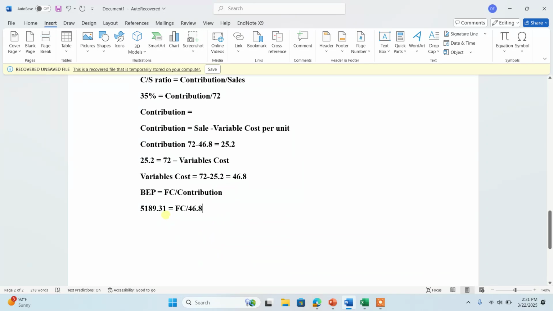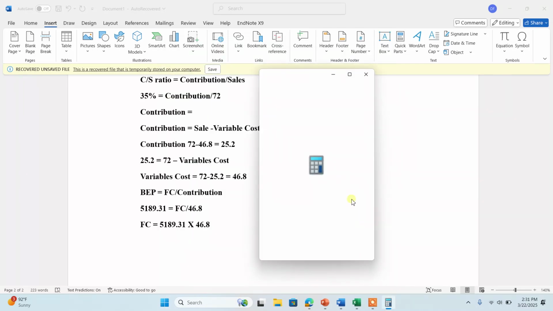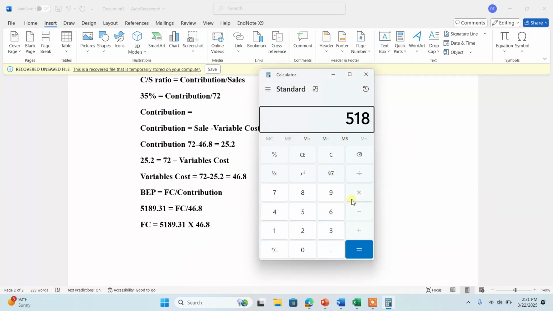If you do the cross multiplication, you can get the value of the fixed cost. 5189.31 multiplied by 46.8 also is 2,42,852.